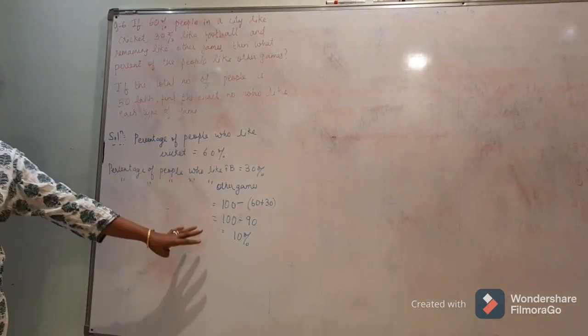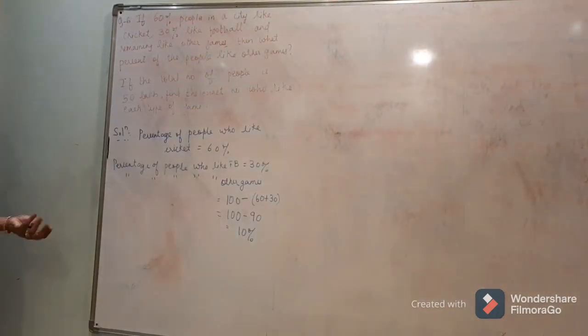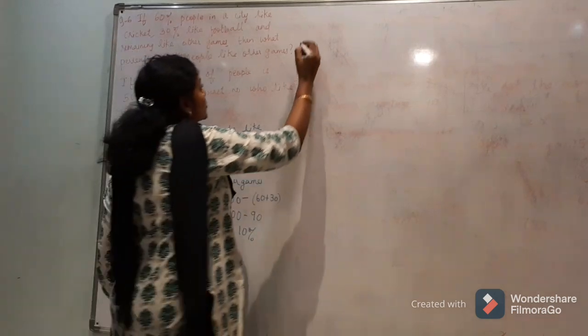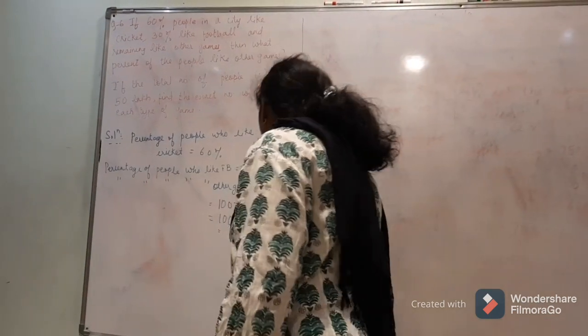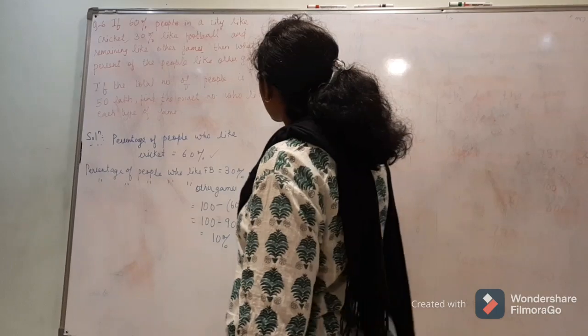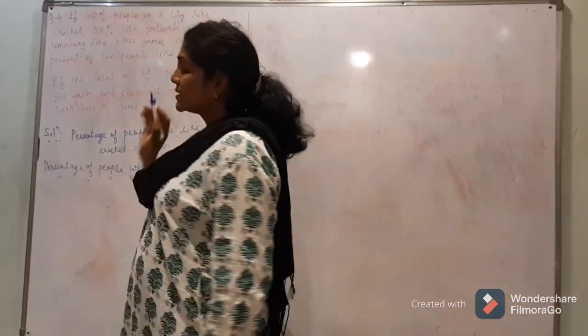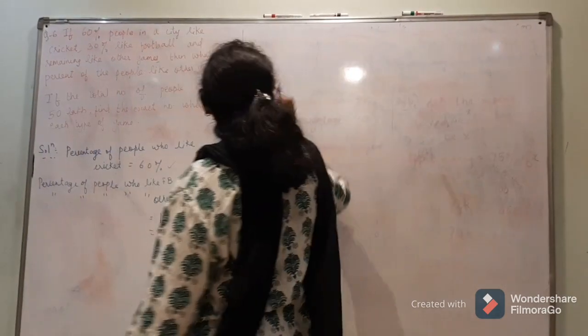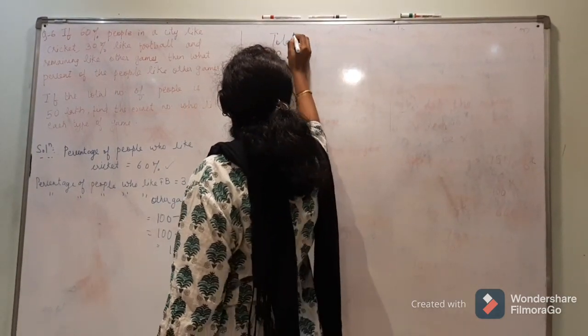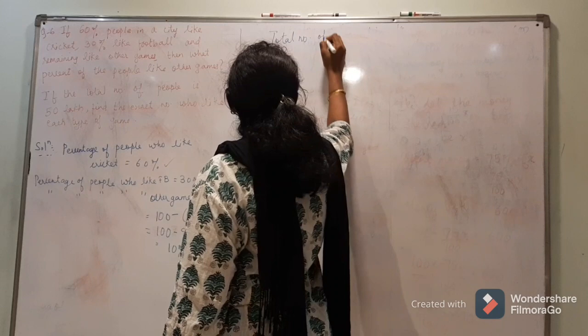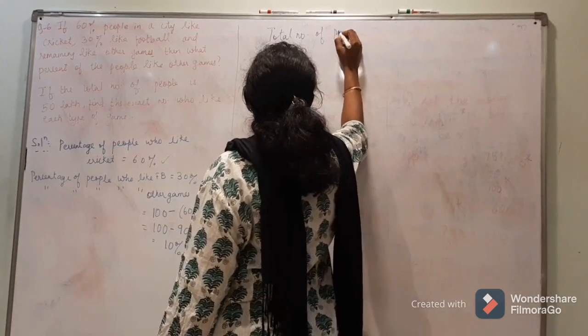अब मुझे सारा परसेंटेज मिल गया. अब मुझे नंबर निकालने हैं. ये मुझे पता है 60%, 30%, 10%. तो ये फर्स्ट पार्ट इज कंप्लीटेड. Now you know the total number of people.